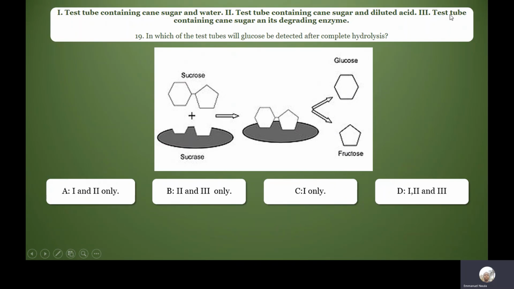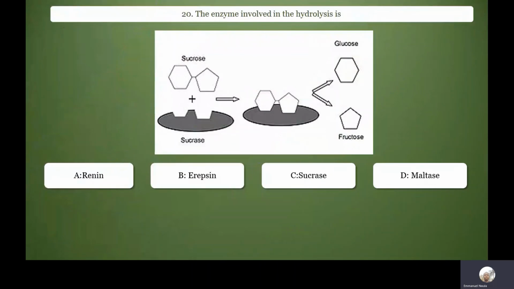So the test tube containing the sugar and enzyme, there will be hydrolysis there. The one with sugar and dilute acid, there will also be hydrolysis there. The enzyme involved in the hydrolysis, of course, is sucrase. Sucrase degrades sucrose to give you glucose and fructose.